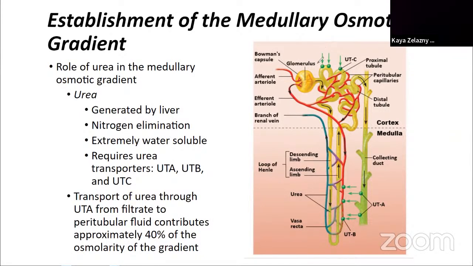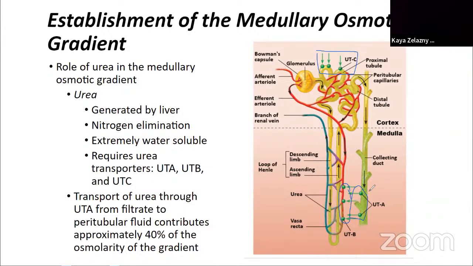So here we can see that urea was able to move in the proximal tubule because of the presence of those transporters. But we're also going to see that those transporters are present in the collecting duct and in capillaries next to the loop of Henle, so peritubular capillaries going through the medulla.